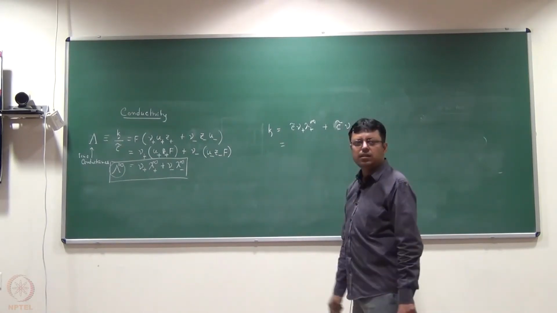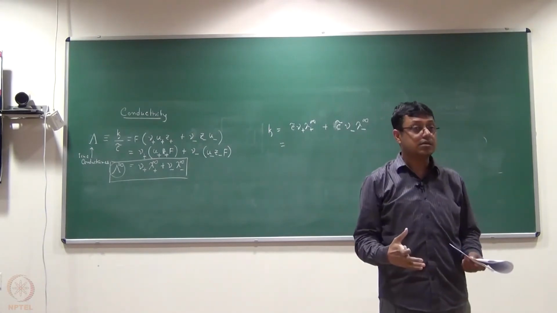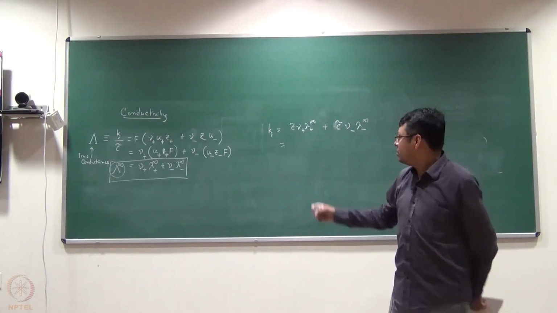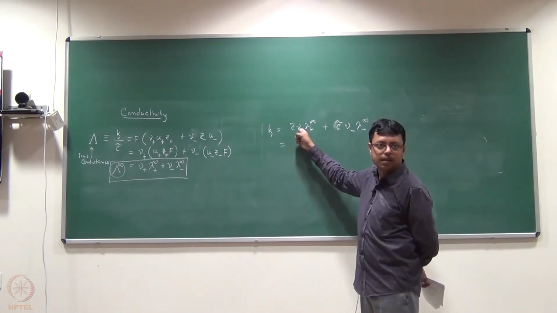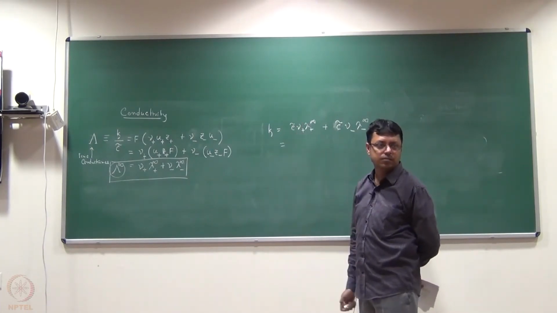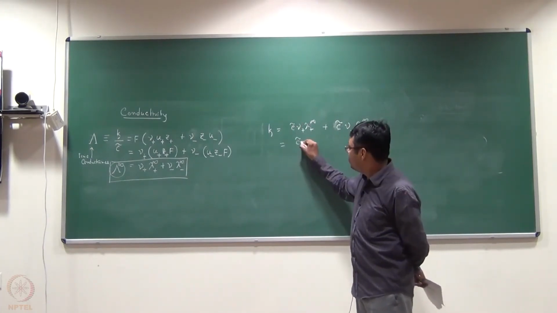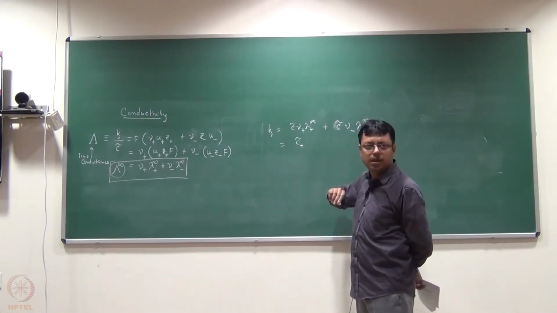Now what is C tilde? C tilde is the molar concentration of the substance, right? So C tilde multiplied by nu plus is nothing but the molar concentration of the cations, which I could have written as C plus.